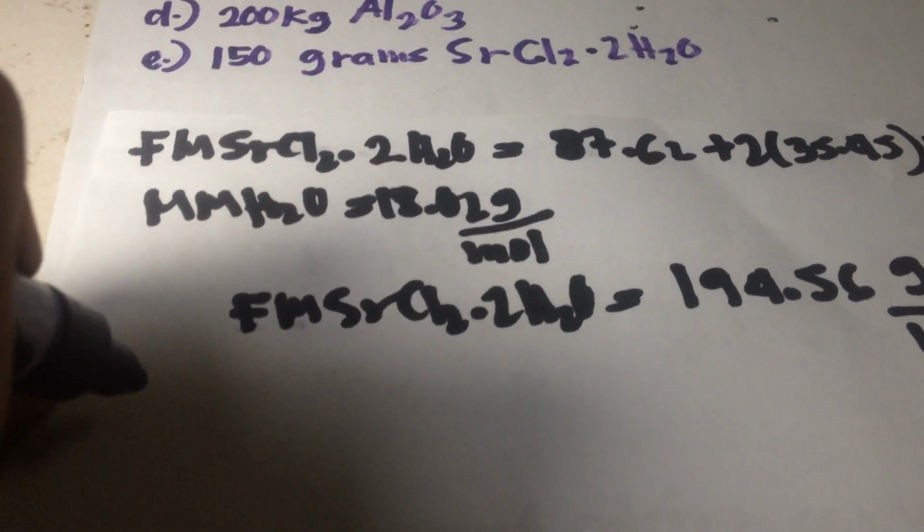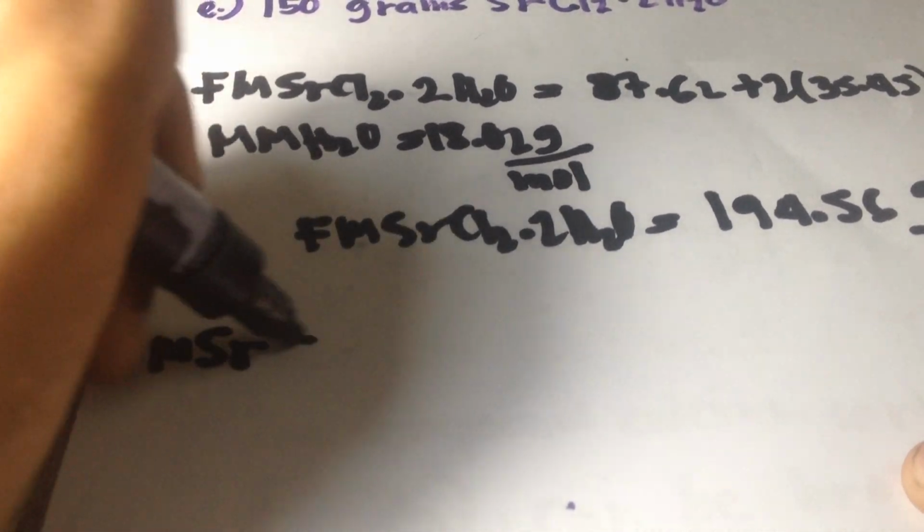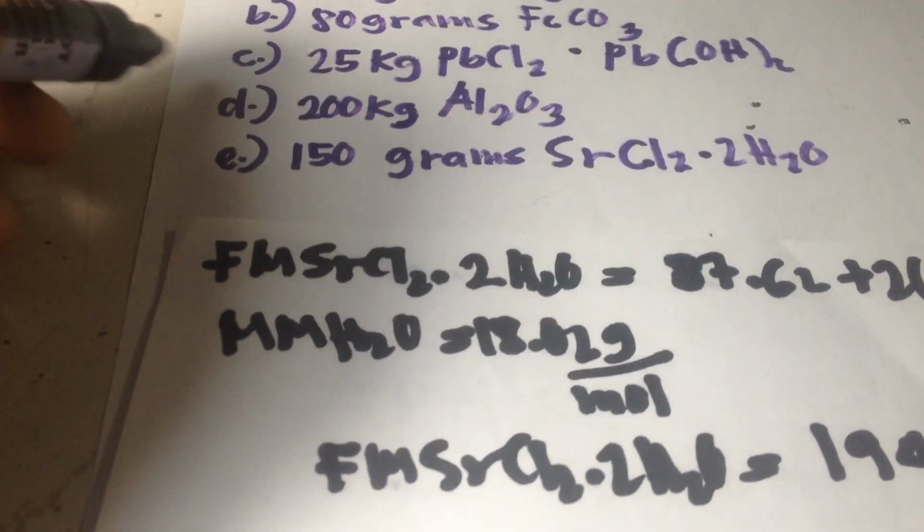So we need to solve for strontium. The mass of strontium is equal to, the given is 150 grams.